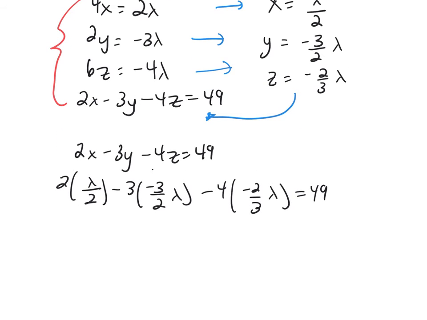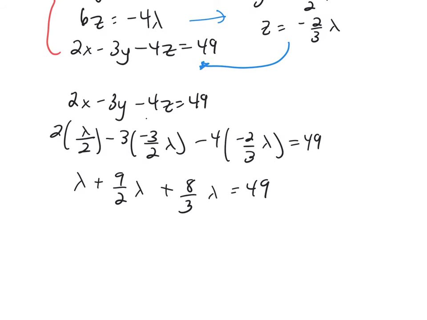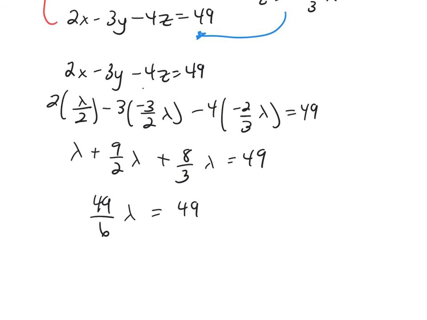So here I'm going to get lambda plus 9/2 lambda plus 8/3 lambda equals 49. Get a common denominator of 6 here, and you're going to get 49 over 6 lambda equals 49. So then solving for lambda, you're going to get that lambda is 6.